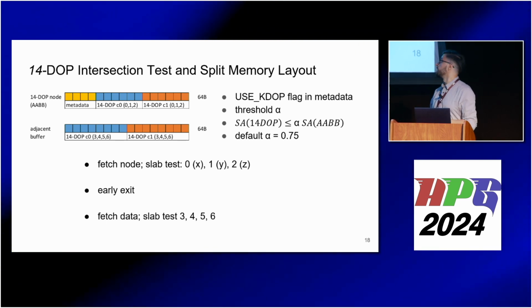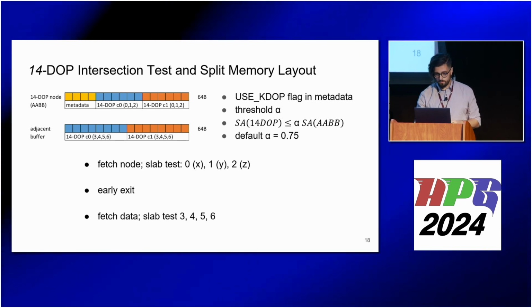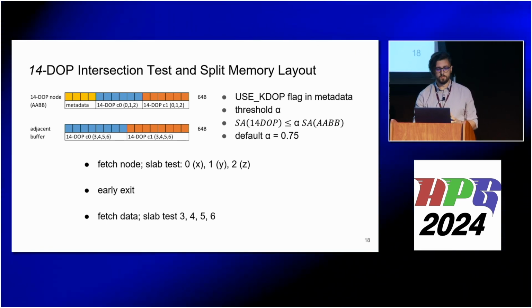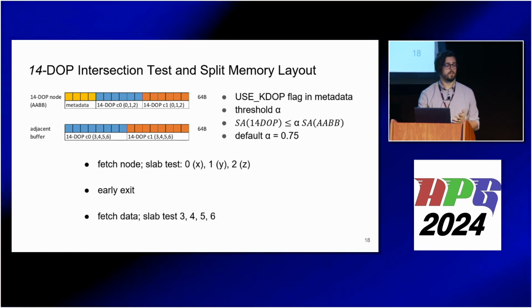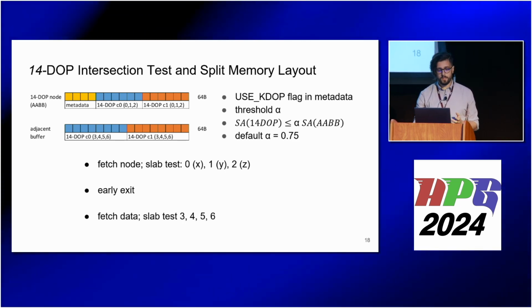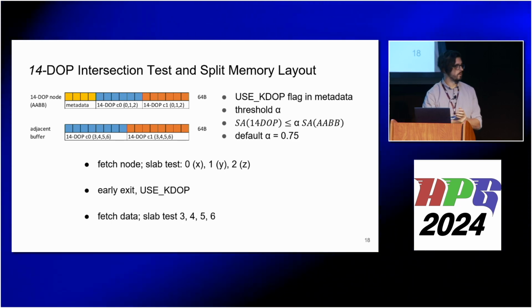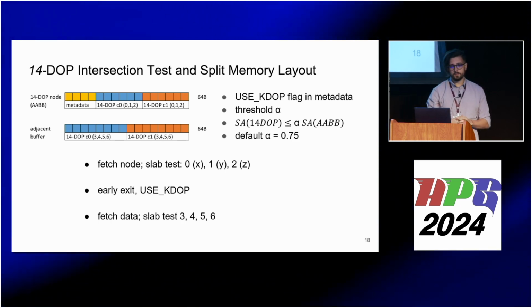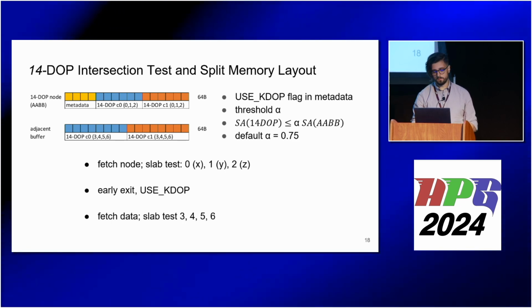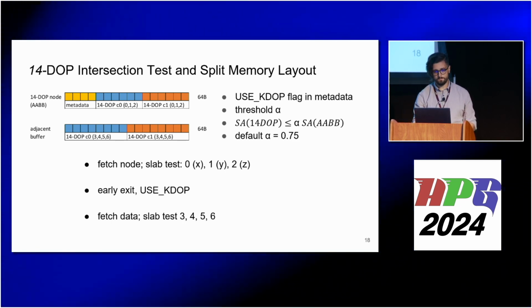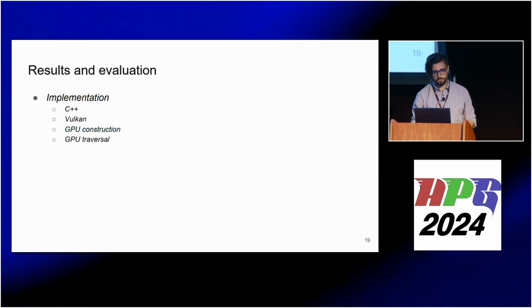We set a default value of minimal surface area reduction of at least 25%, and we use this during the early exit test as well. So we can decide to reject the actual 14-DOP test during the intersection test.